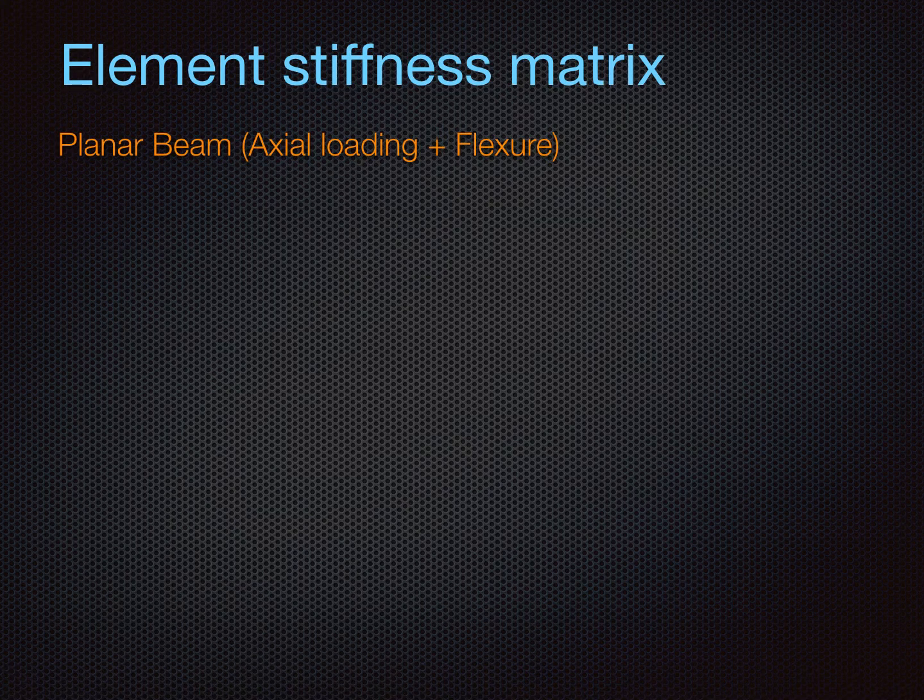So let us now start combining them. For example, let's just talk about some axial loading and flexure problems. If we are solving a two-dimensional problem of reticulated beams, these two problems will always come together. It will be hand in hand, so we cannot neglect one over the other. We have to consider them together.